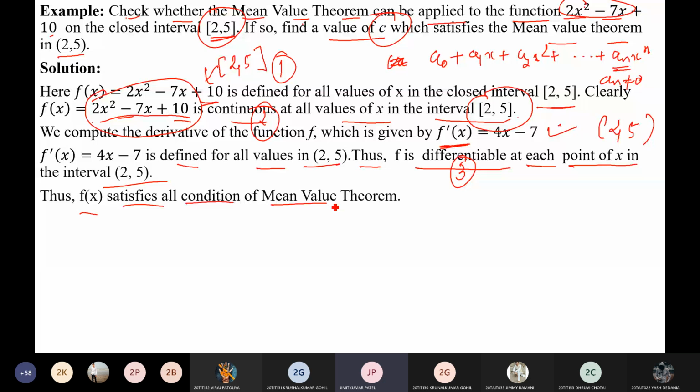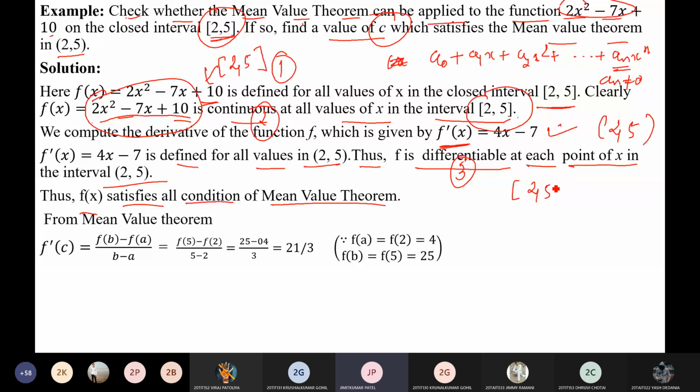So mean value theorem, we have f dash c is equal to f of b minus f of a divided by b minus a. So what is my a and b here? I have 2 and 5, so a is equal to 2 and b is equal to 5.